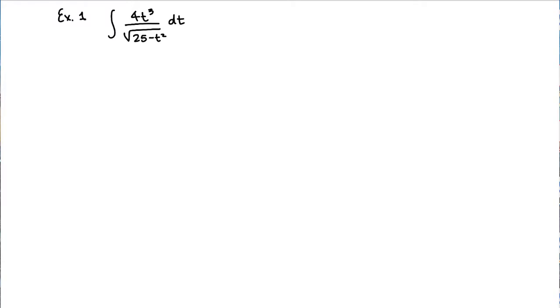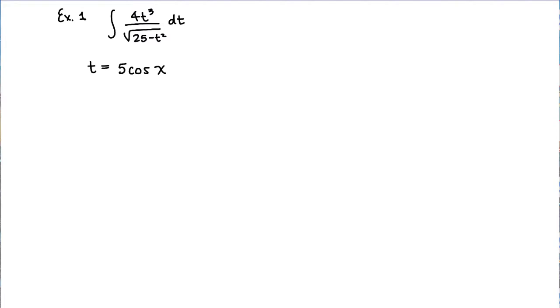So I see that I have a 25. What if I let my t be equal to, let's try 5 cosine. I'm going to use a different variable, so I don't want to use t because that's already taken. So we're going to let t equal 5 cosine x.